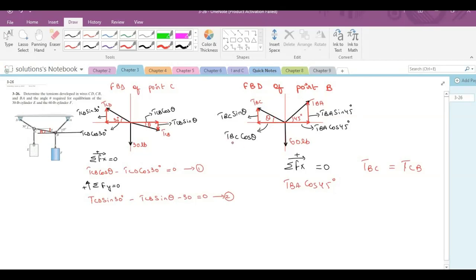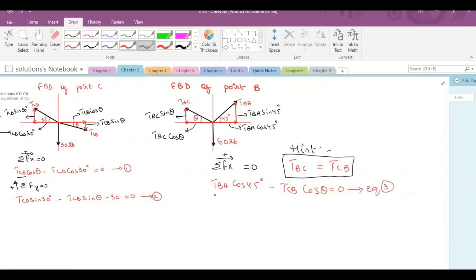So in place of TBC, because we have used TCB here, I'm going to just write TBC as TCB. Let me write it in a box, and let's say it's a hint. Now we have minus TCB cos theta equals 0. Let's call this equation 3.